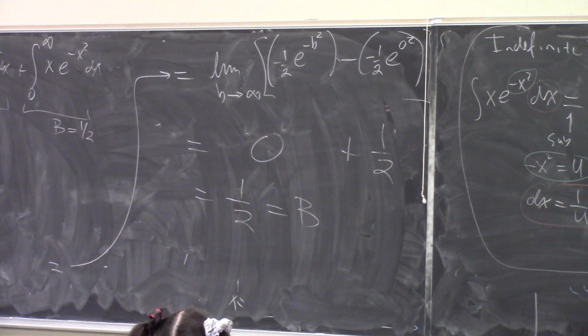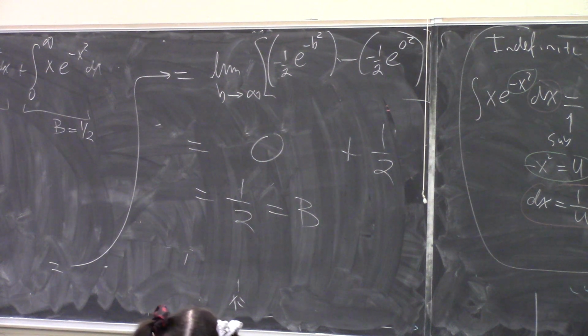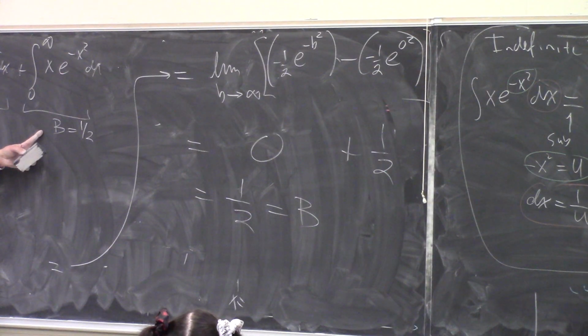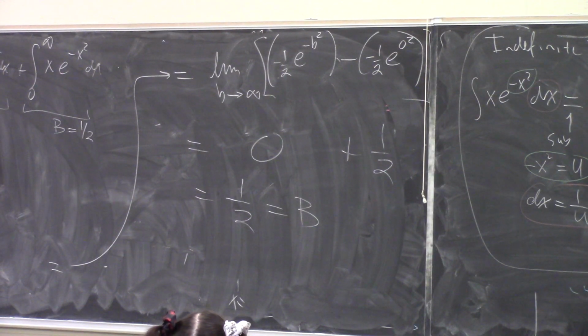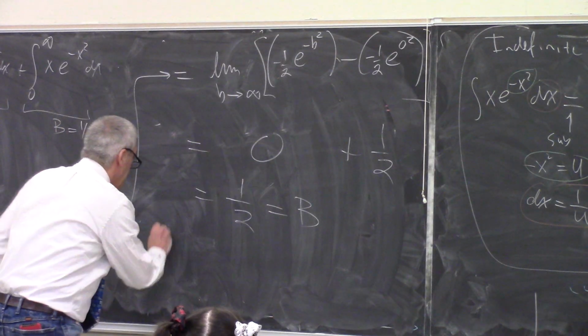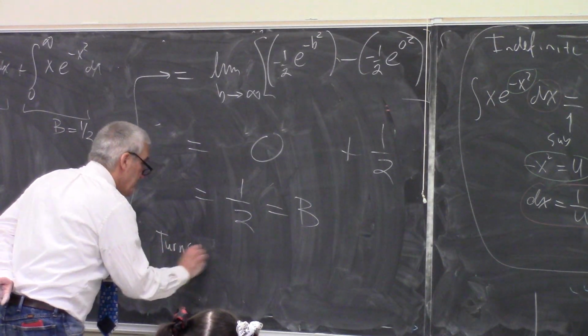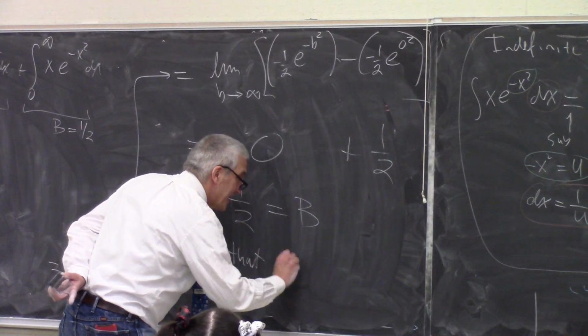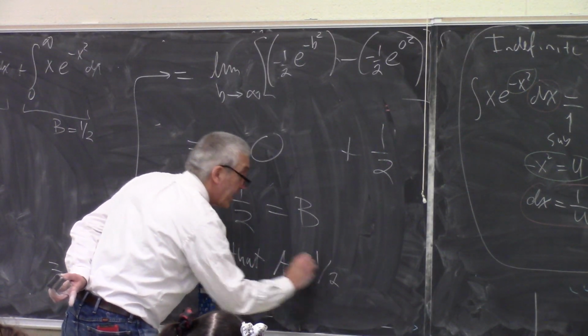What do you think is going to be the value of A? Sam, you raised your hand, kind of. If the value of this integral is 1/2, what do you guess is going to be the value of this one? Yeah, so it turns out that the integral A is minus 1/2.